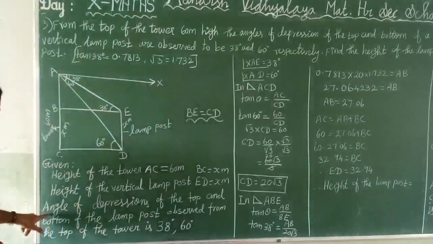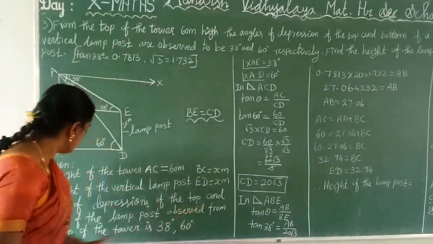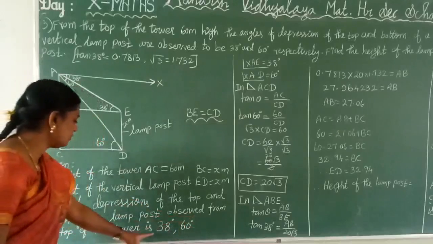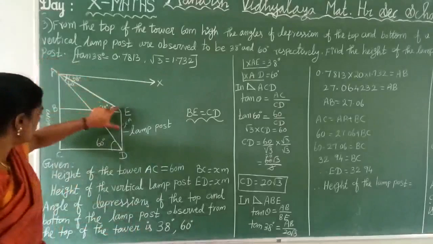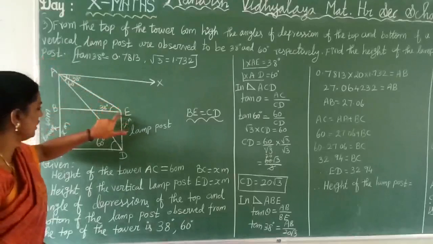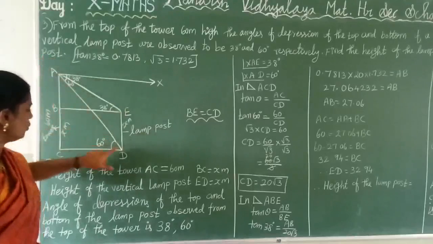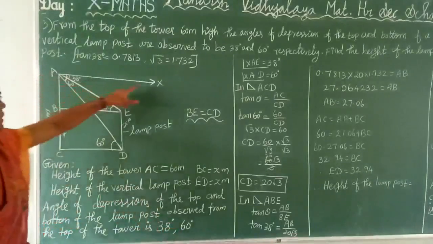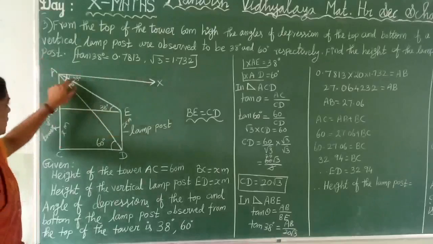Clear? Next, the angles of depression of the top and the bottom of the lamp post observed from the top of the tower. The top of the tower to the lamp post is 30 degree, and the top to the bottom of the lamp post is 60 degree. So write angle XAE is 30 degree.